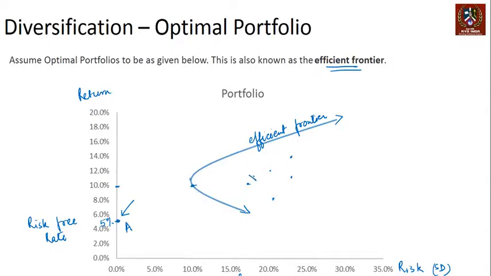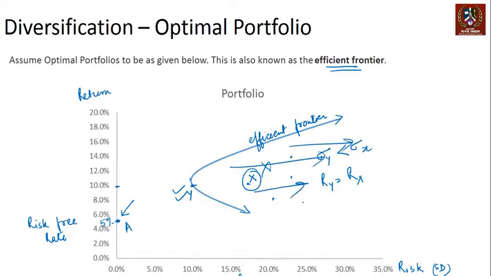If this is a portfolio X, there is another portfolio Y, where sigma of Y is less than sigma of X, and return of Y is the same as return of X. So there is no sense in holding portfolio X. We should always be holding portfolio Y. That's the broad premise when we look at a portfolio with a certain risk reward characteristic. And hence, you would almost always hold portfolios only on this line, which is known as the efficient frontier. There's no point holding any portfolio inside of this. So that's the broad discussion that we have now.